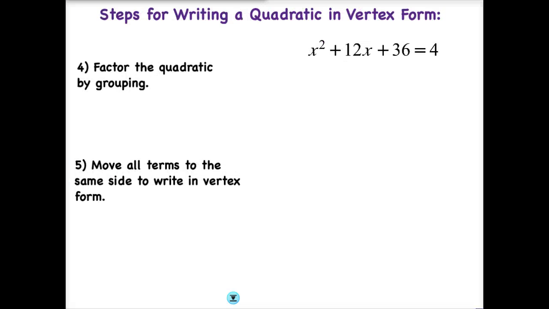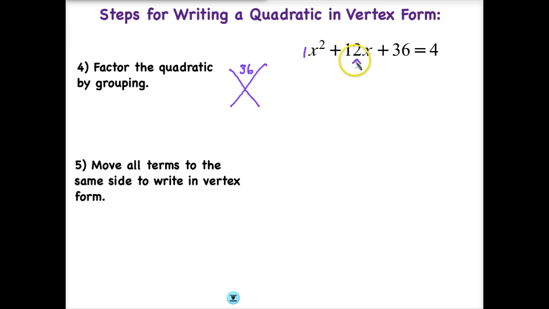So let's look at step 4. Step 4 says factor the quadratic by grouping. I'm going to use grouping just to show you how to factor it, and then you're going to see something unique about this. So let's split up this middle term. We need to draw our x, if you remember. In the top of the x, we multiply the 1, whatever's in front of the x squared, times the 36, so we put that there.